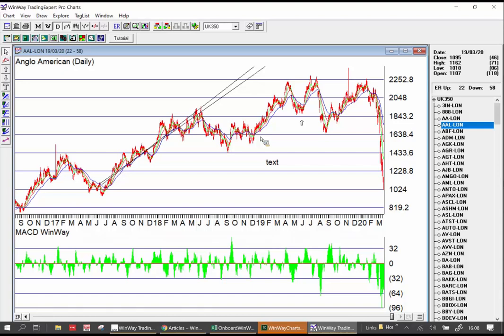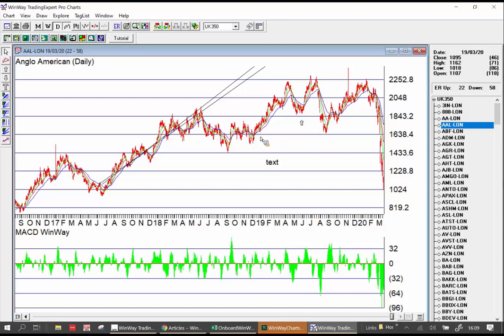The question though is, what chart do you want to draw? How do you find out which charts you want to look at and why you're looking at them and what you're looking for? That's what charting packages won't tell you. But a technical analysis package such as Winway, with its AIQ, its intelligence, will actually start to help you with.